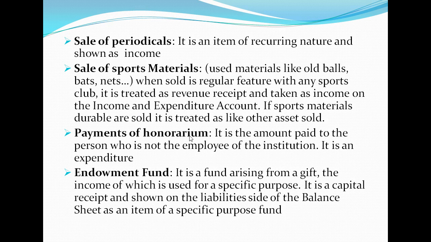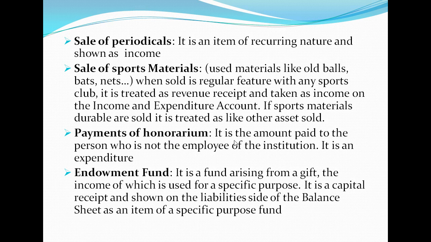If durable sports materials are sold, it is treated like other assets sold. Means only the profits or losses on sale of such sports materials will have to be taken to the income and expenditure account, and the book value of such sports materials will have to be deducted from the sports materials on the asset side of the balance sheet.